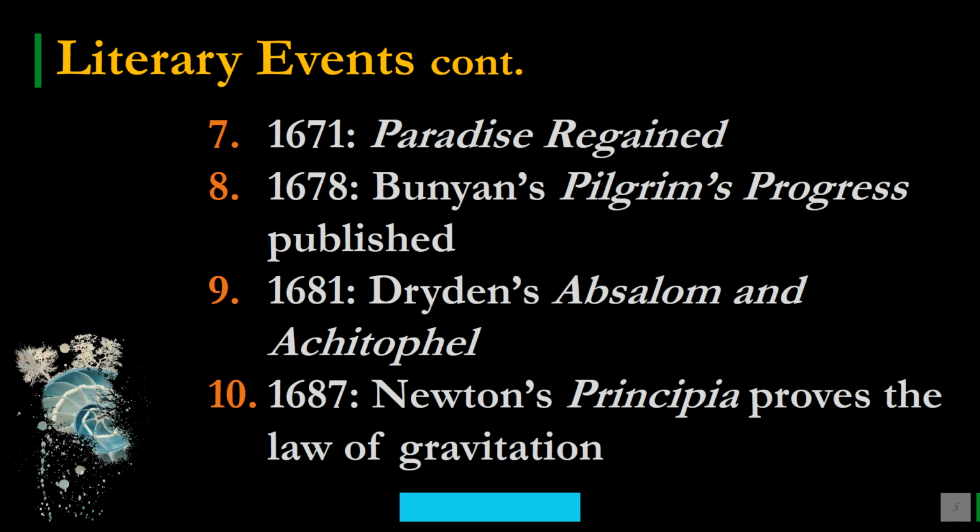Next, we have 1687 Newton's Principia proves the law of gravitation. As we all know about Newton and his law of gravitation, he stated this law of gravitation in Principia, the most important work in the science. We can understand how this law has changed the science and the attitude of people of that time. So in Principia we have Newton's law of gravitation.